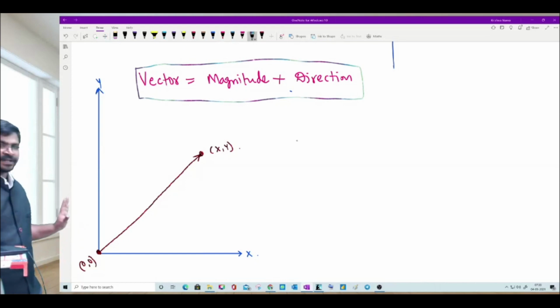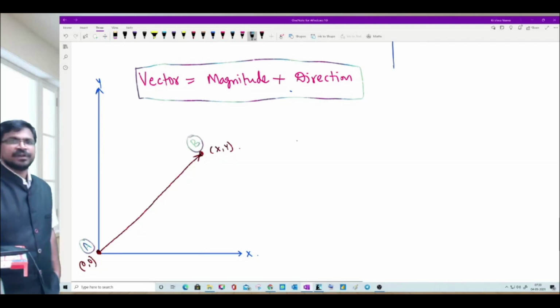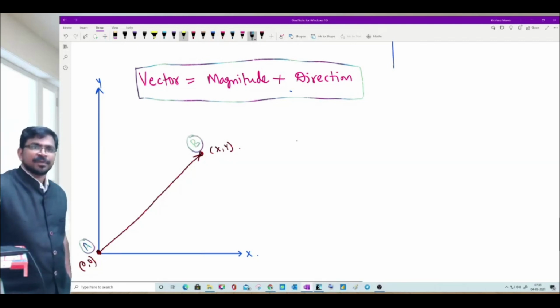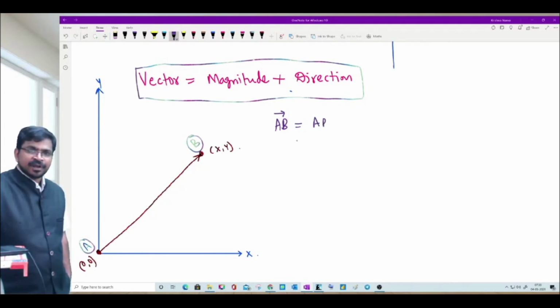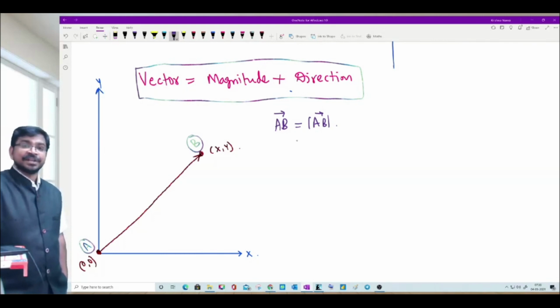Now for this vector, let me take A to B. If I want to represent this vector properly, let me take vector AB. I should represent the magnitude of the vector and also the direction of the vector.